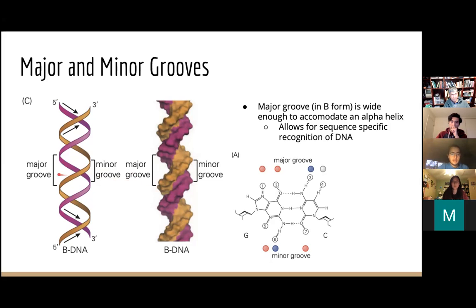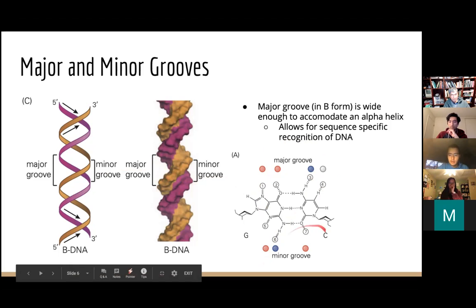So having these major grooves that are accessible is very important, because you want these alpha helices and beta sheets to come in and interact with bases inside the DNA. And if you zoom in into each of these parts, you can see a picture like this, where the major groove is the one that's convex, and the minor groove is a smaller one that's concave on the bottom.